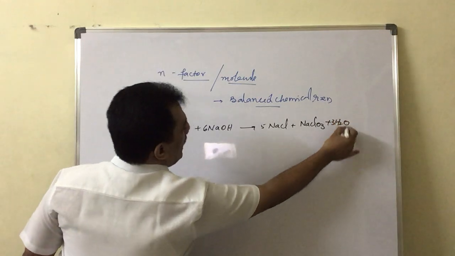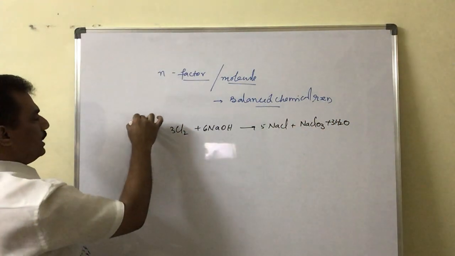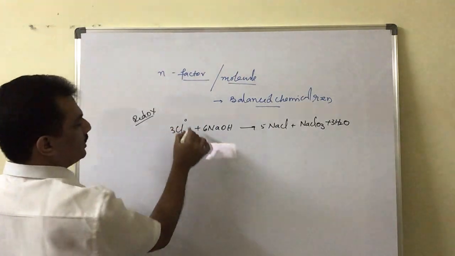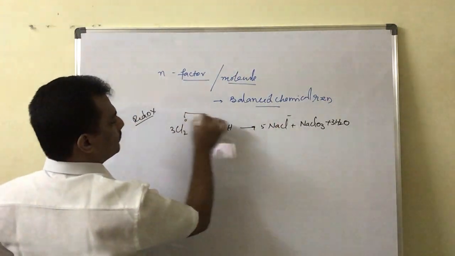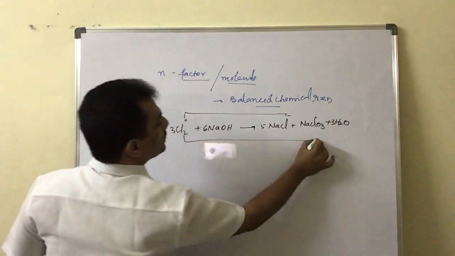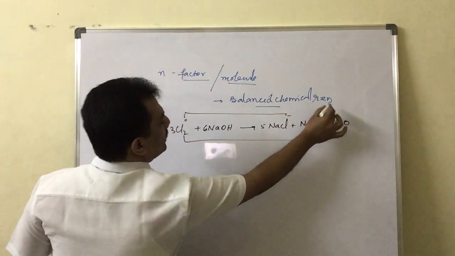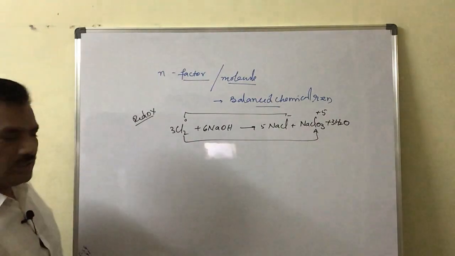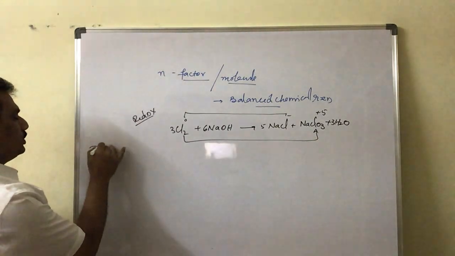This we already balanced as a redox reaction. If you recollect, the same element is undergoing reduction and oxidation. What is the type of reaction where the same element undergoes oxidation and reduction? It is nothing but disproportionation.